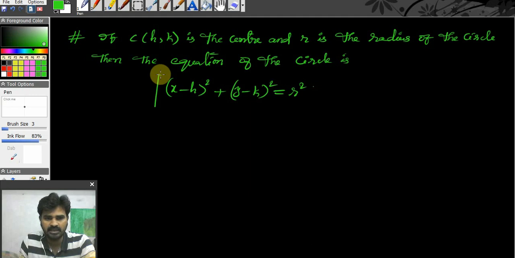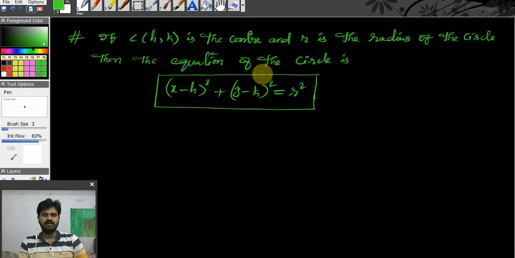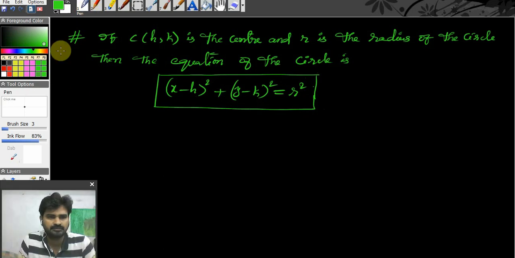To find the equation of a circle, we need first of all the center and radius. So let's see the problems on this model.